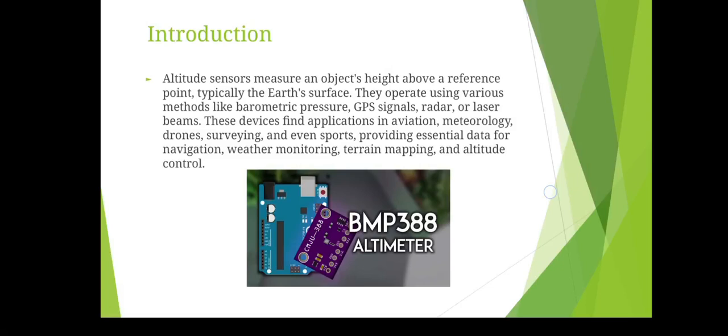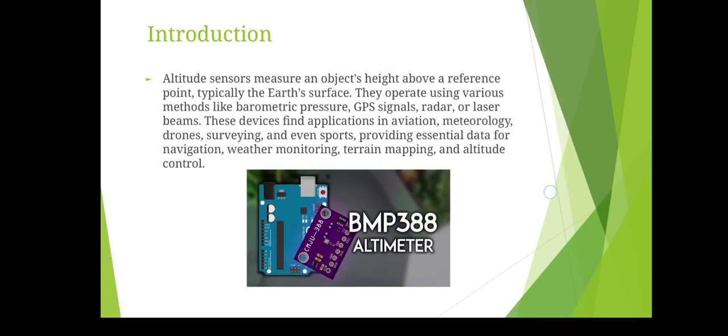An altitude sensor, also known as an altimeter, is a device used to measure the altitude of an object relative to a specific reference point, typically sea level. These sensors are crucial in various applications, including aviation, meteorology, and outdoor activities like hiking and mountaineering. They function by measuring atmospheric pressure, which decreases with increasing altitude.